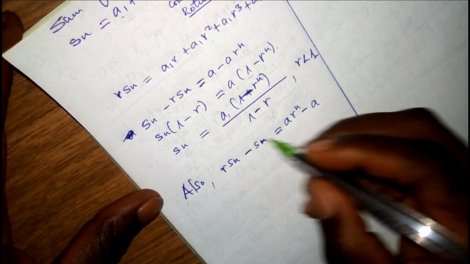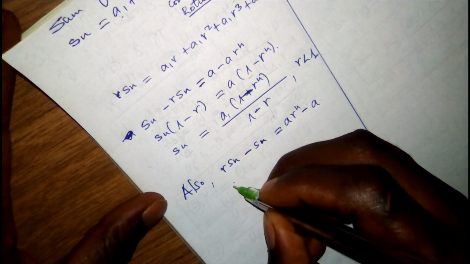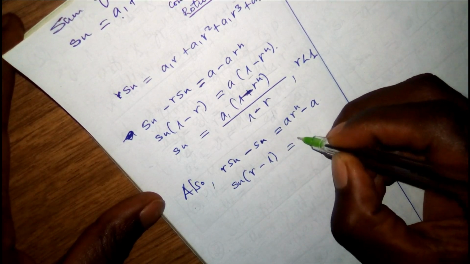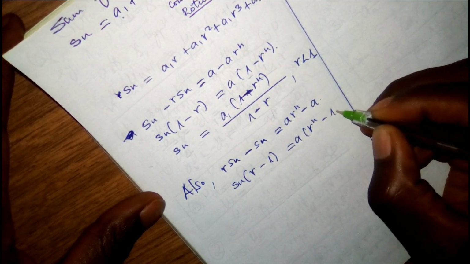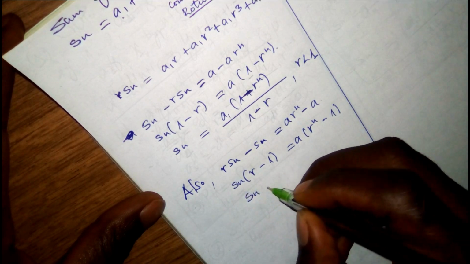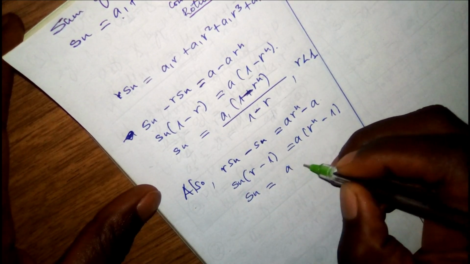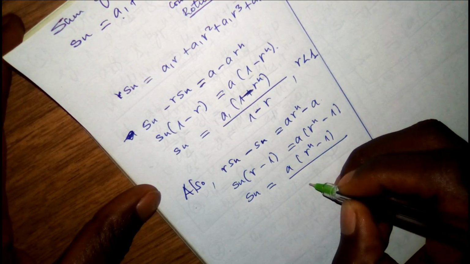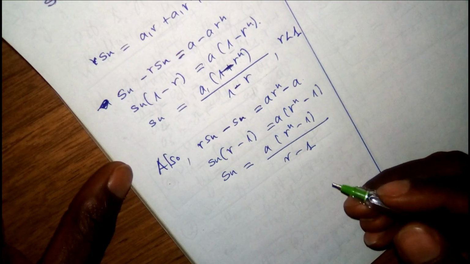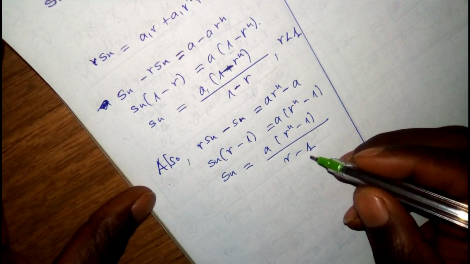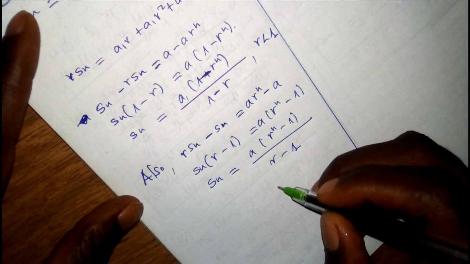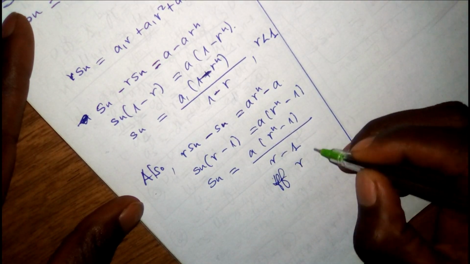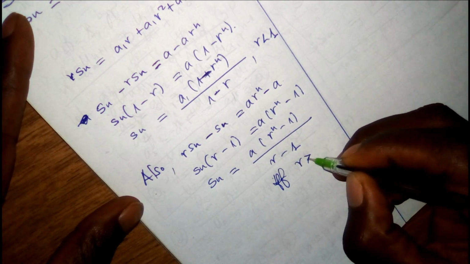Then by factorization we will have Sn times r minus 1, which is equal to a times r power n minus 1, and Sn will be given by a times r power n minus 1 over r minus 1. This is only possible if and only if r is greater than 1.